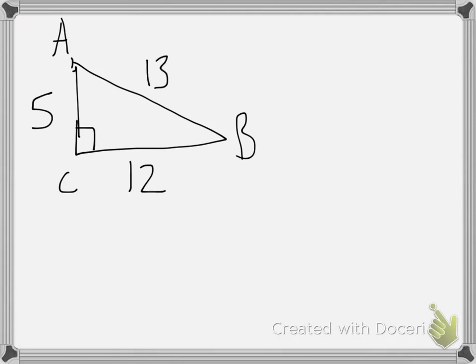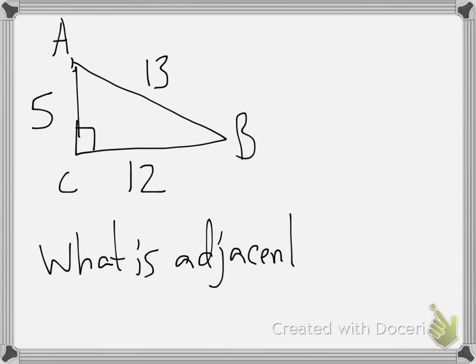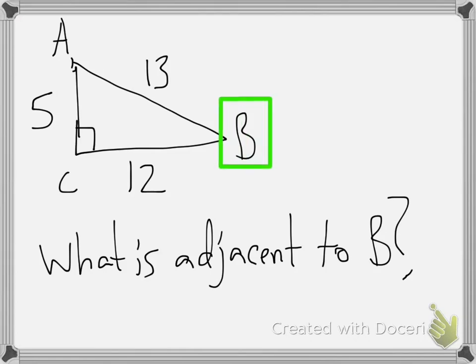What I might ask you is, what is adjacent to B? What is the side adjacent to B? So first we have to understand that we're standing from B. That's our reference point.